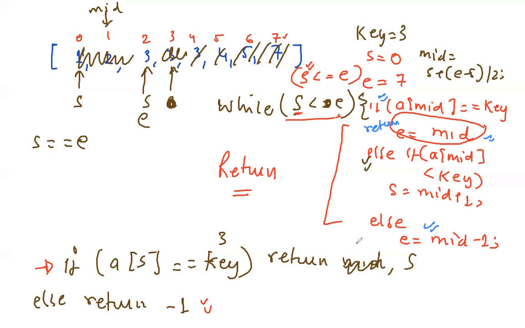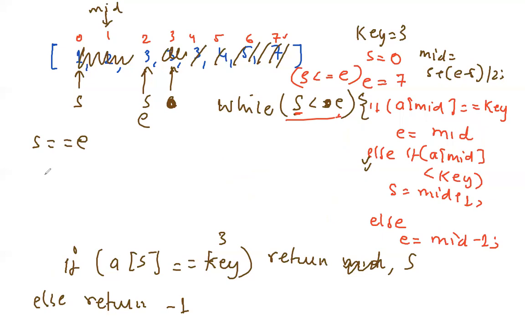So give me an example where you think it will not move. If you had 3 3 3, where? Give me the position, the full array. 1, 2, 2, 3 3 3 and one more 3, and 4 5 7. So in what scenario will this be the mid?